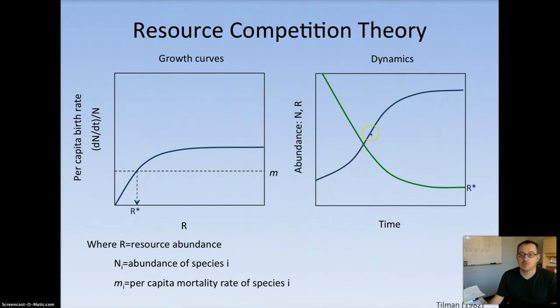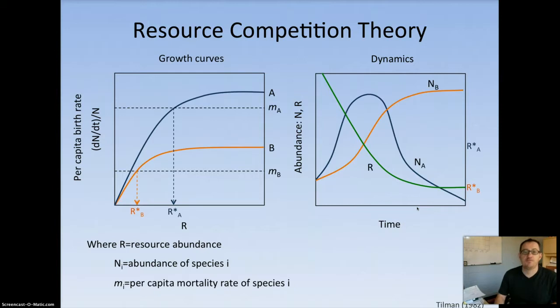The species that's consuming the resource grows up towards effectively a carrying capacity, at which point the resource level is only sufficient to maintain the population, not to increase it any further, because we're now at this point R star, where the mortality rate is equal to the birth rate, and so the population stabilizes, as does the resource level. So that's one species on its own.